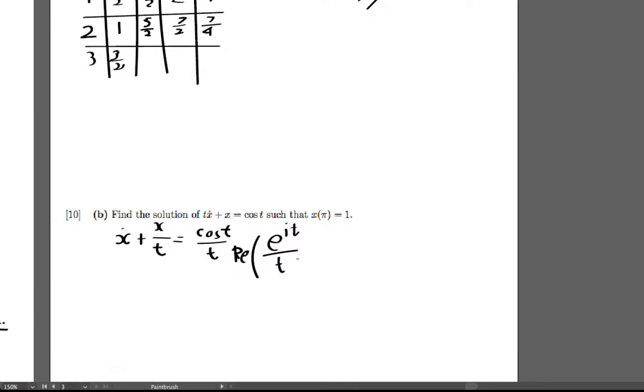Wait, actually, it's e to the power of natural log of 1 over t, which should be the real value of. So this guy here is e to the power of natural log of that. So this would be e to the power of the negative natural log of t.